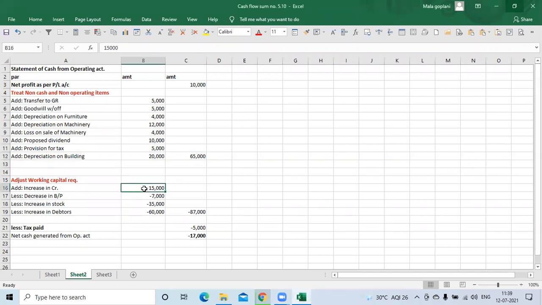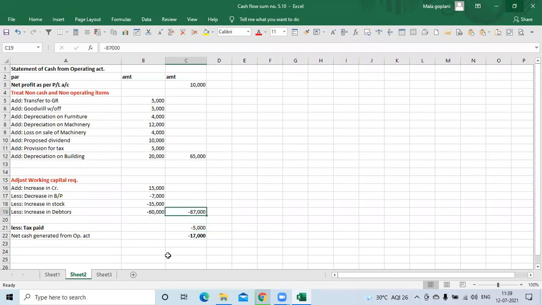So 65,000 has come for everyone. Now what do you have to do? Adjust working capital. You have 4 amounts, so add all of them. Add means whatever, add or less, do it as it is. Bracket 87 is coming, ma'am. Negative 87 means bracket 87. Now less tax paid is already there in the outer column, less 5,000. So look at the outer column.